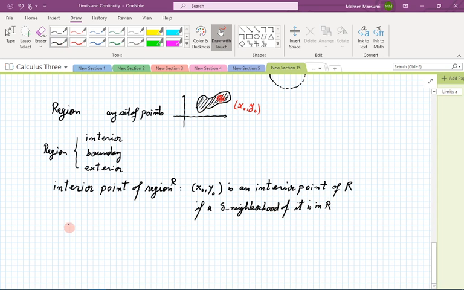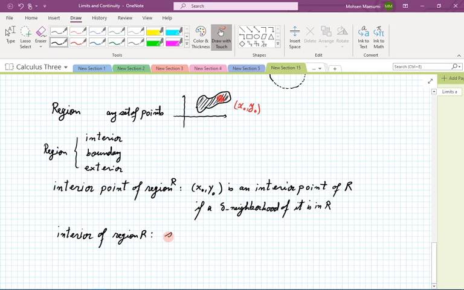Okay, once we have that, then the next thing that comes up is what's the interior of a region R. Well, what do you think that should be? Again, good place to stop and try to practice this mathematical language. It might seem strange to you, but we do need this kind of language to go further in mathematics, and in this case it's very easy.